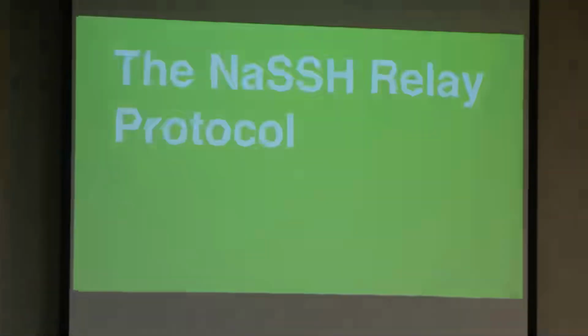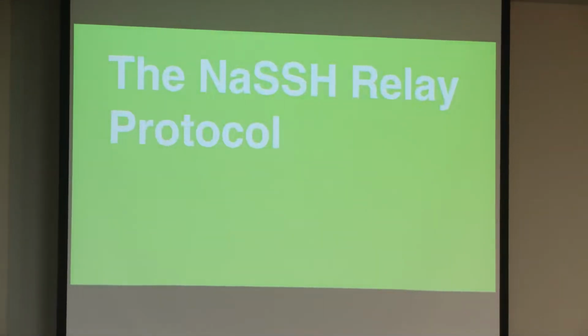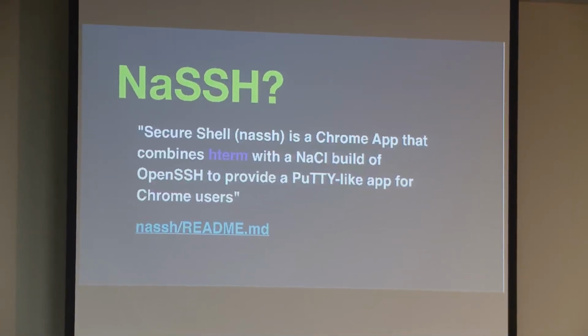Next I'm going to talk about the nassh relay protocol, which is described in that Chrome Secure Shell JavaScript file. Getting terminology out of the way, nassh is synonymous with Chrome Secure Shell.